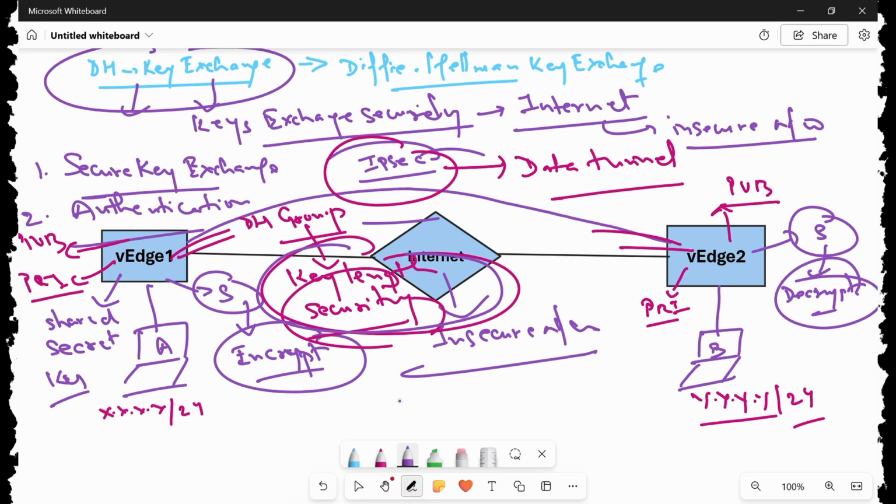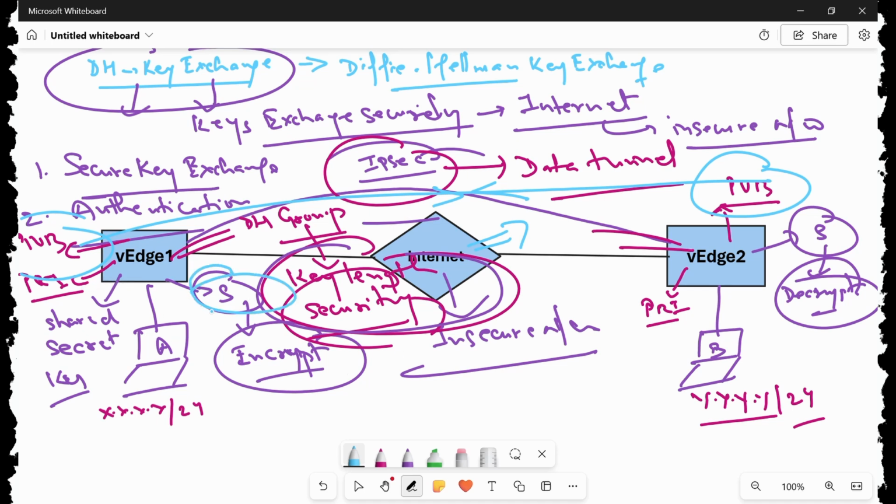After that, these public keys will be exchanged between the vEdge routers, over the internet, which is an insecure network.